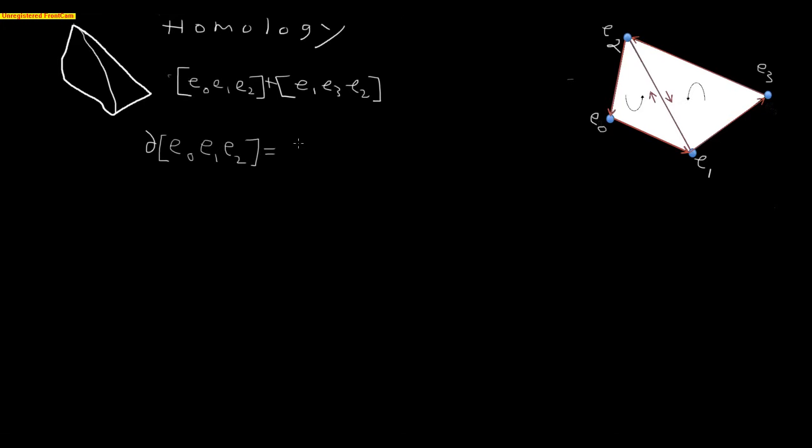I'm going to write it as [E0, E1, E2], I'm going to put a hat here. I will explain to you what this is.